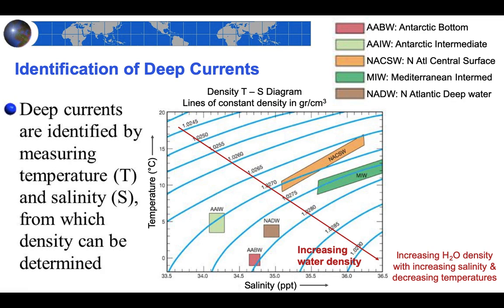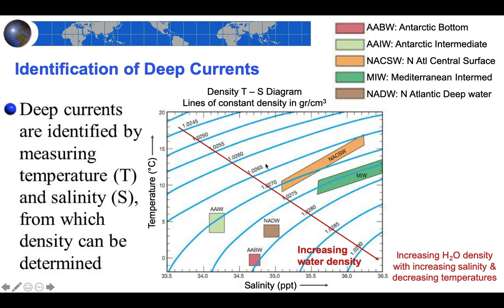These blue lines are lines of constant density. So you can see that in this direction along this red arrow, the density lines are also increasing. They are not straight lines, they are curved lines, as we discussed last time, because the changes in density are not linear with respect to salinity and temperature fluctuations.